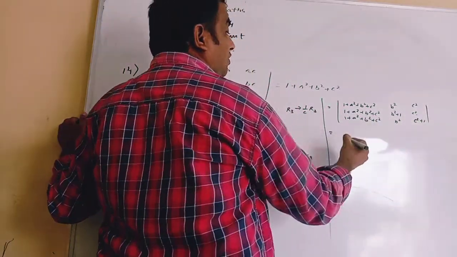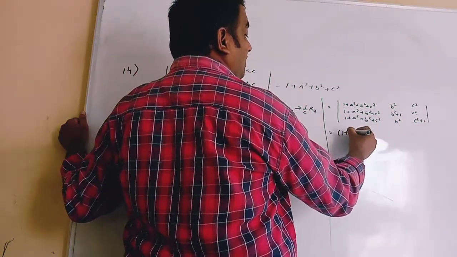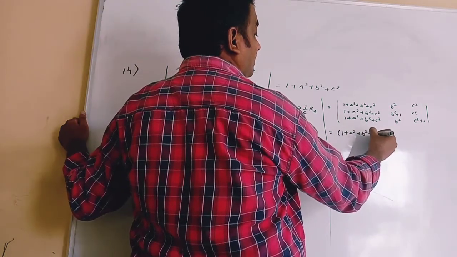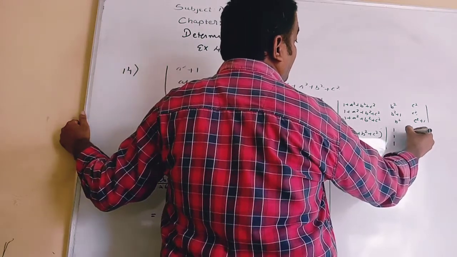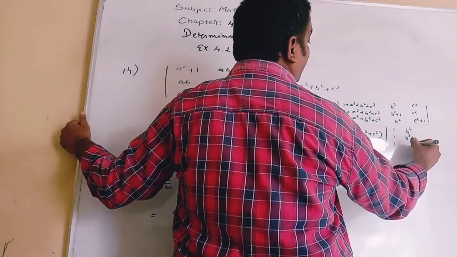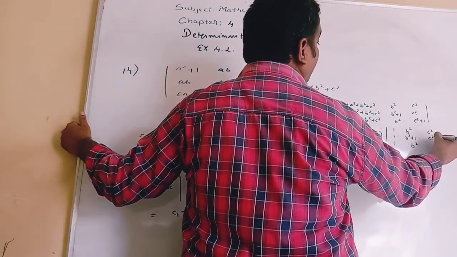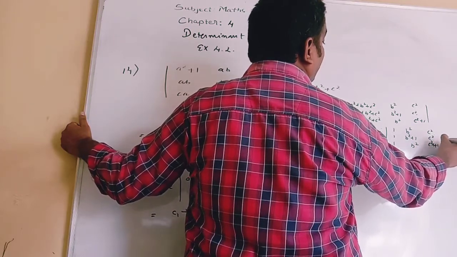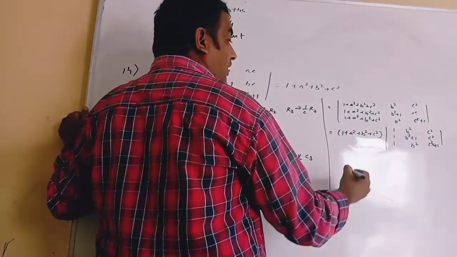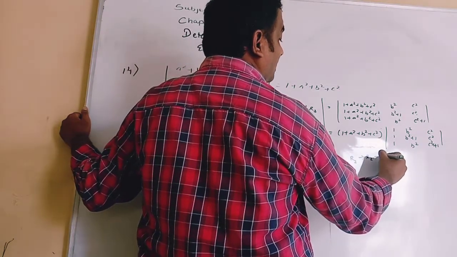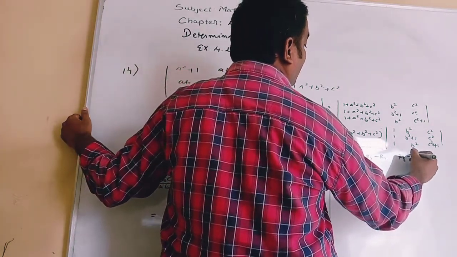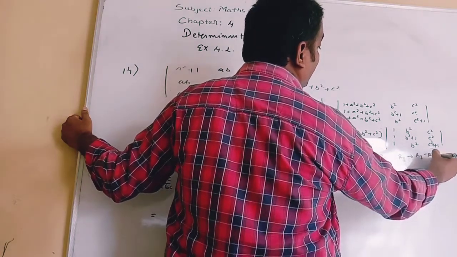So from the first column we take out 1 + a² + b² + c². Then in the remaining determinant we have 1, 1, 1, b² + 1, b², c² + 1. Now to make these two 0 we apply R2 transforms into R2 − R1 and R3 transforms into R3 − R1.